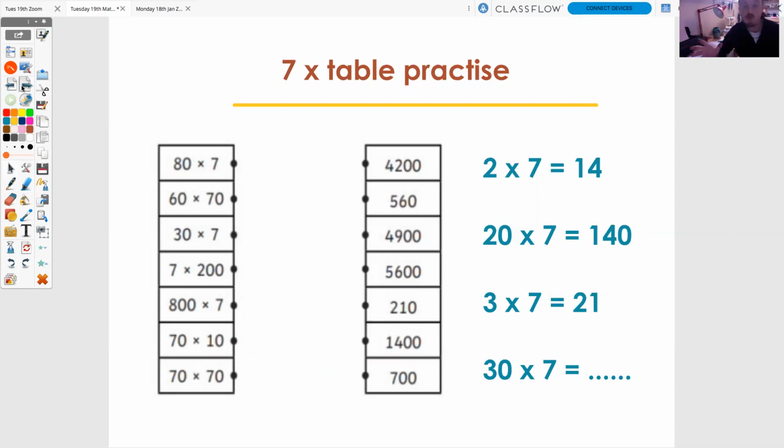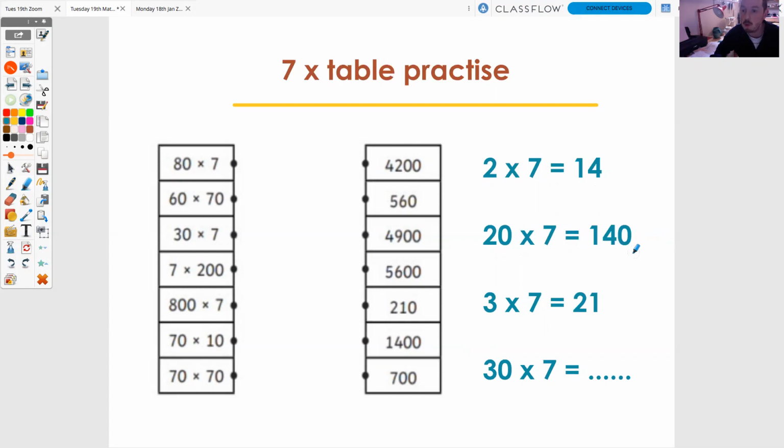Well, hopefully technology is working and you can see that I'm showing the screen with you. I've just got some pointers for you today. One way to solve something like 30 times 7 is to think about, well, what's 3 times 7? If you see on the board here, I've got in blue writing 2 times 7 is 14, but 20 times 7 is 140.